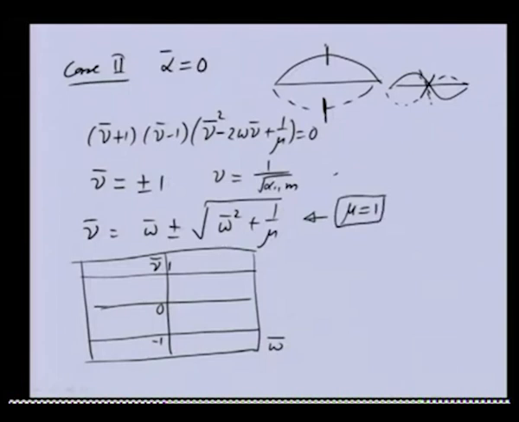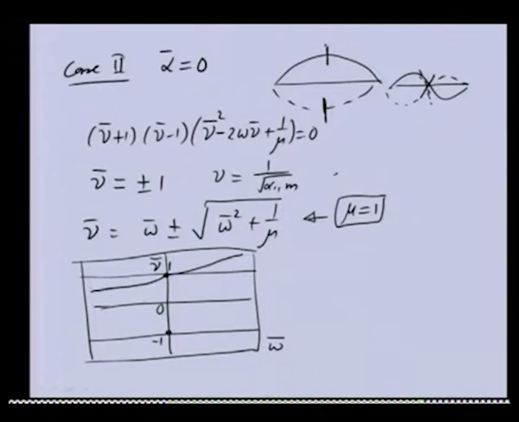So that means if mu is equal to 1, when the speed is 0, the nu bar is at this location. For this particular value only it will coincide here, and if we increase the speed, the frequency plot will be something like this, or if you decrease it, it will go like this.